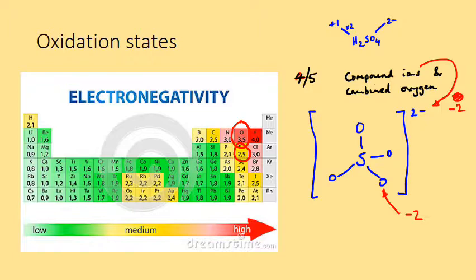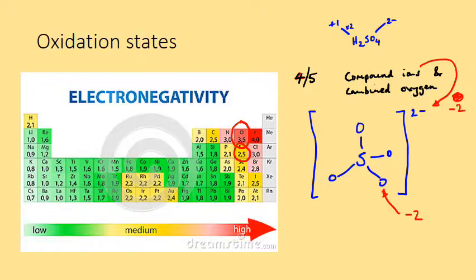And that's nearly always the case for combined oxygen, unless it's either in a peroxide, which we'll deal with later, or combined with fluorine, then it's always -2. So if oxygen is -2, and we have 4 of them, the total negative charges accumulated by the oxygens is going to be -8.